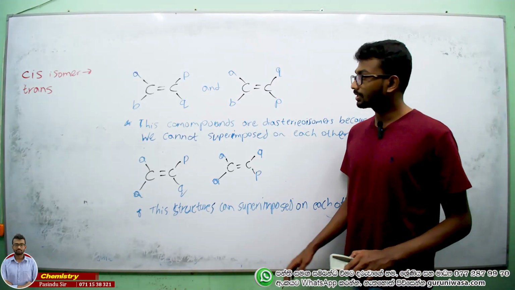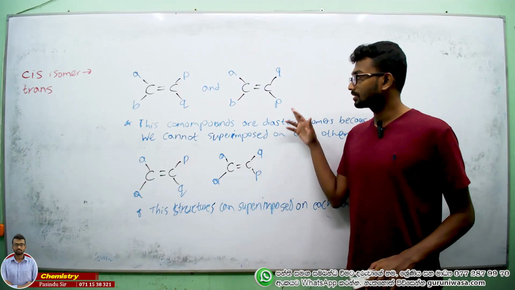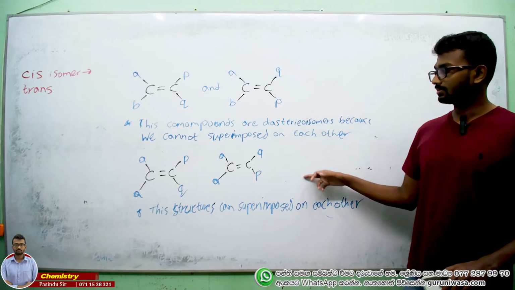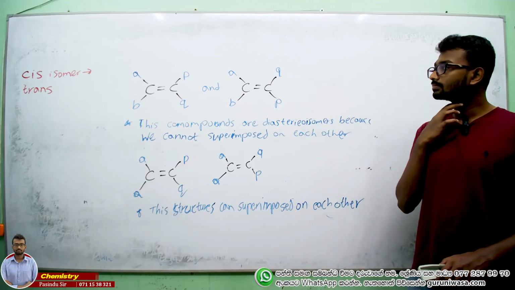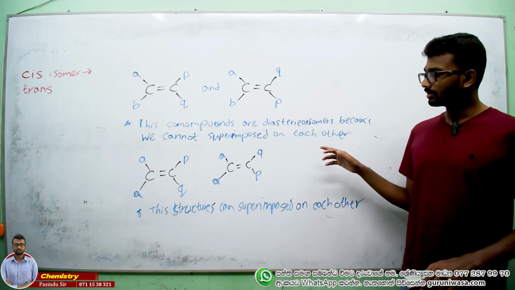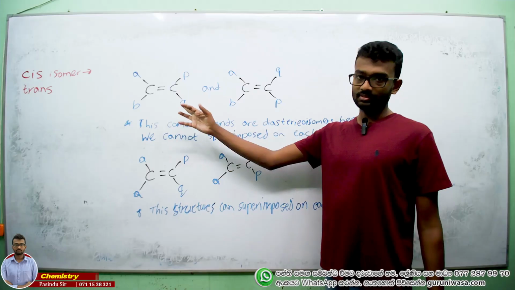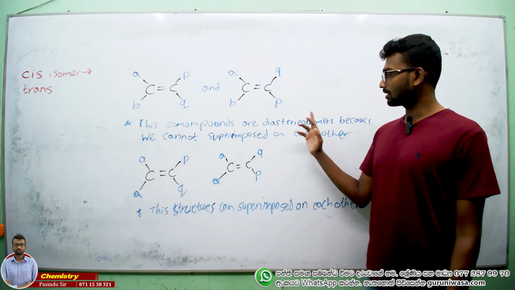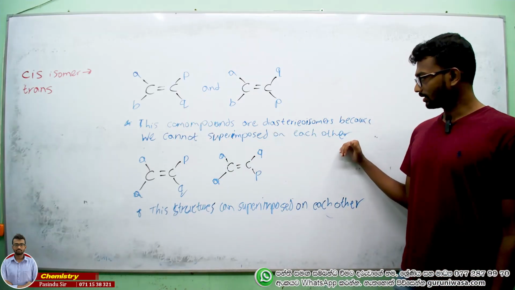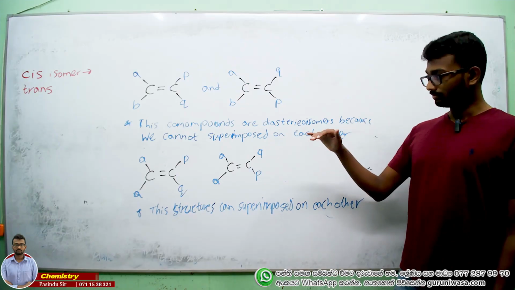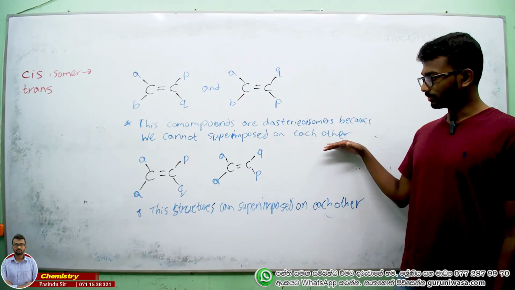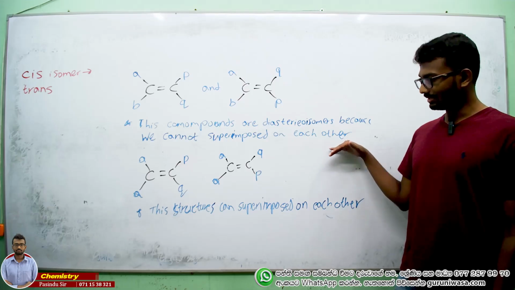Then write down these examples, these two. Copy the structure and write: these compounds are stereoisomers because we cannot superimpose them on each other.